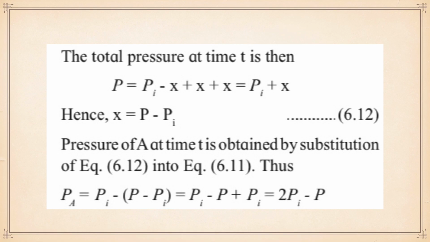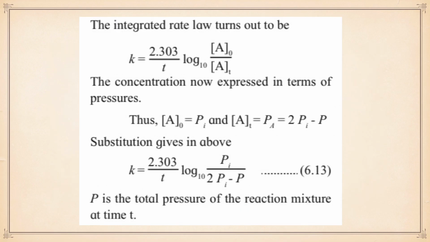So after rearranging, I'll get it as what? Pa is equal to 2Pi minus P. So the integrated rate law turns out to be, so first we are going to write down what is the integrated rate law, that is k is equal to 2.303 upon t log to the base 10 molar concentration of A naught upon molar concentration of At, that is the initial concentration upon the final concentration.